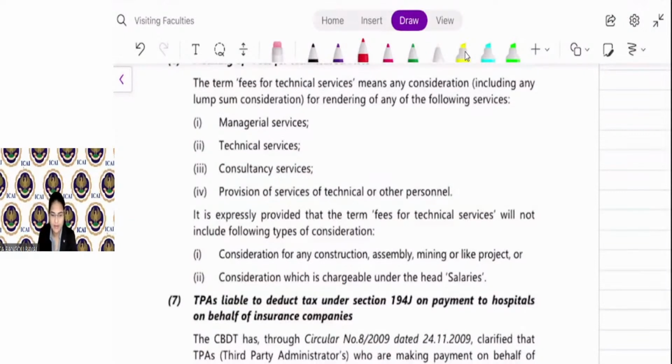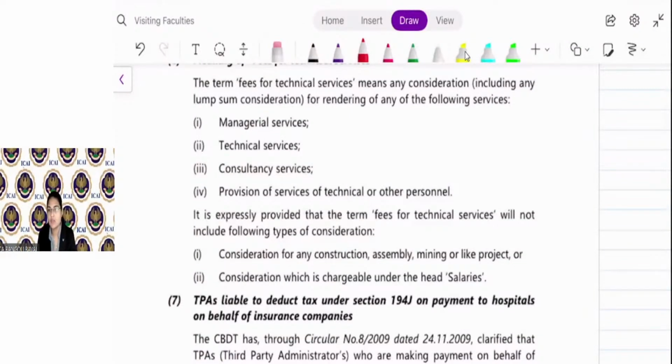Central Board of Direct Taxes, CBDT, has expressly provided that the term fees for technical service will not include the following types of consideration: consideration for construction, assembly, mining like project, and consideration which is chargeable under the head salary.